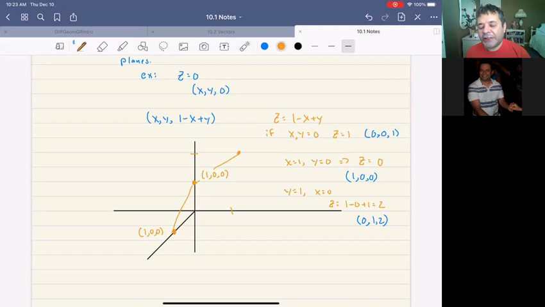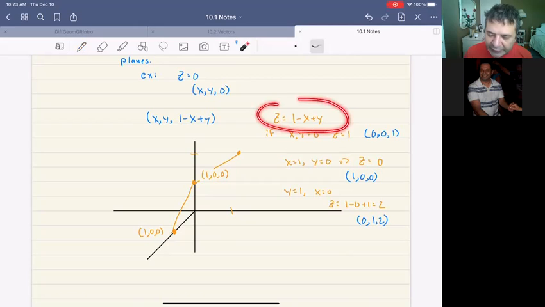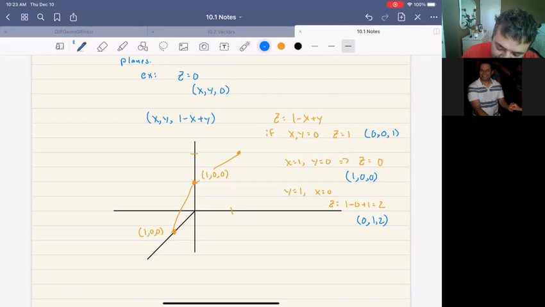Now, actually, once you have an equation like this, the easiest way to go about it is to rewrite it. I would rewrite this as x minus y plus z equals 1. Then I'm going to pick x equals 1 and z equals 0, and y would have to equal -1.